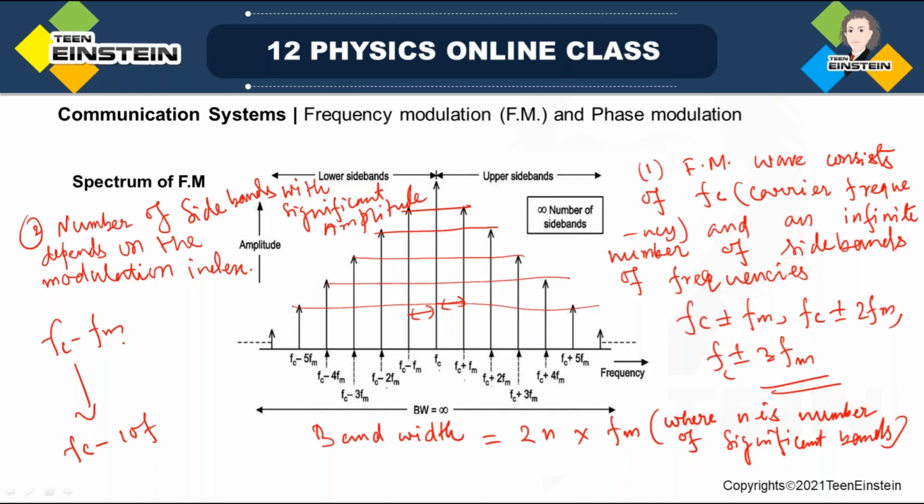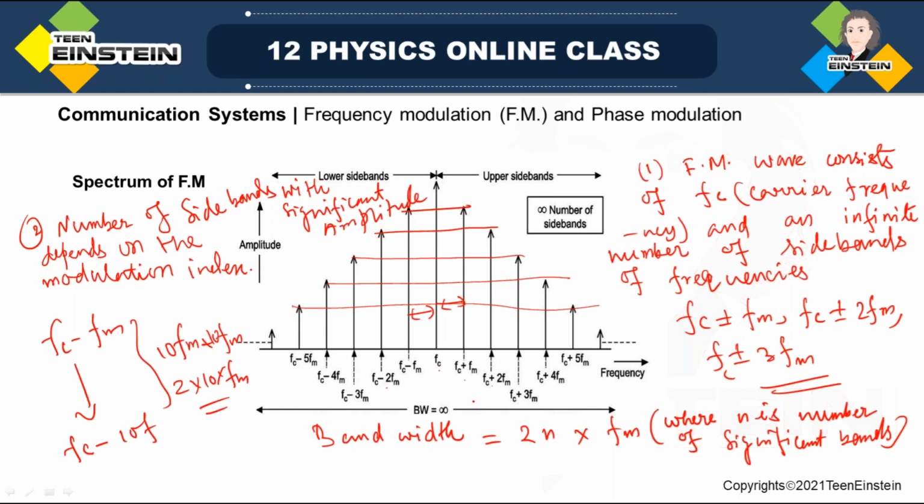So this side you will have 10 FM, and the other side you will have another 10 FM, right? If you add them, then what you get is called bandwidth. So that is 2 into N, or 10 into FM. I hope you agree with me.